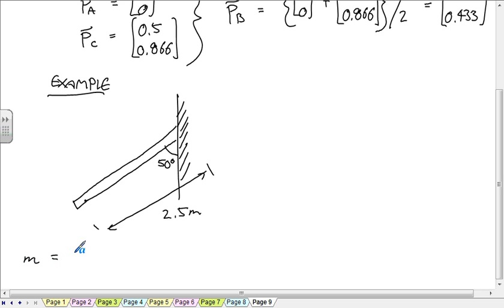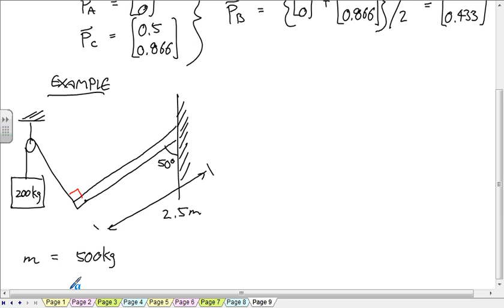The mass is 500 kilograms. And let's say that there also is a cable supporting a 200 kilogram mass over a pulley, where this is a right angle. And we want to know what are the reaction loads at the wall.